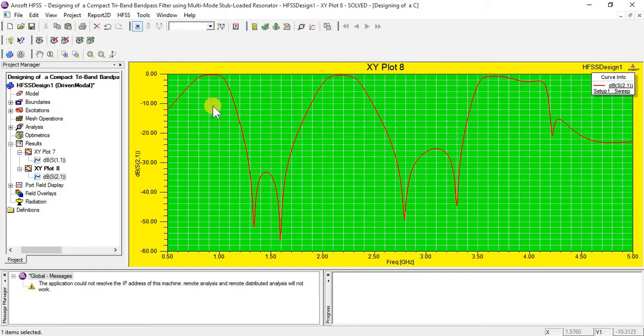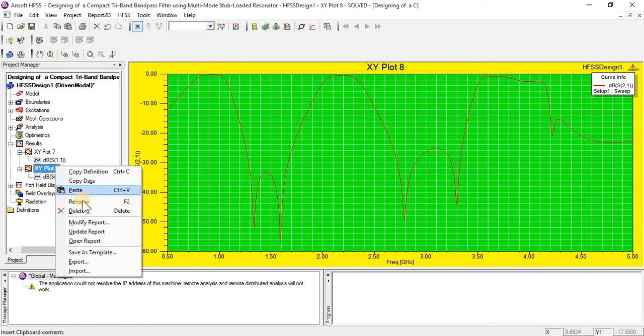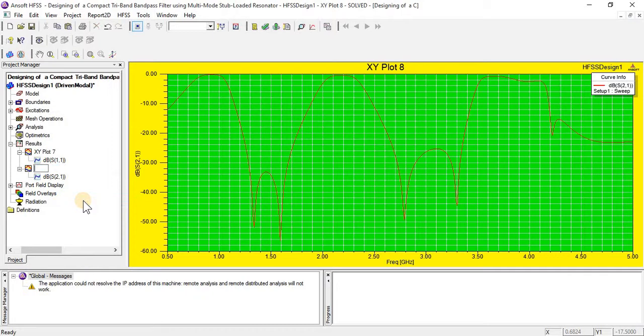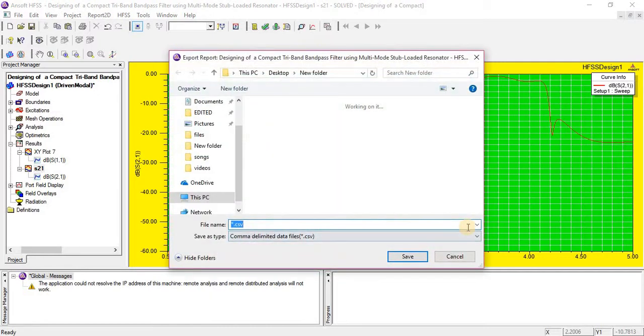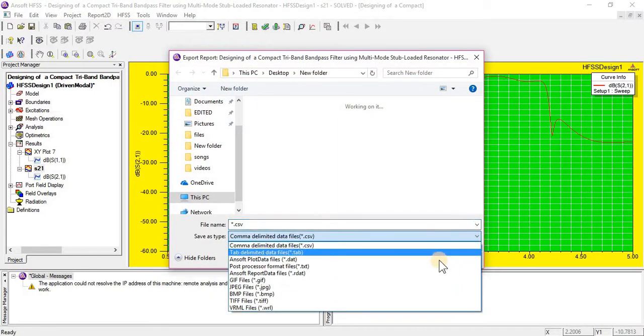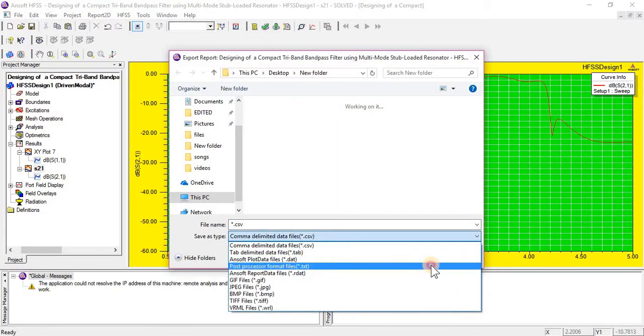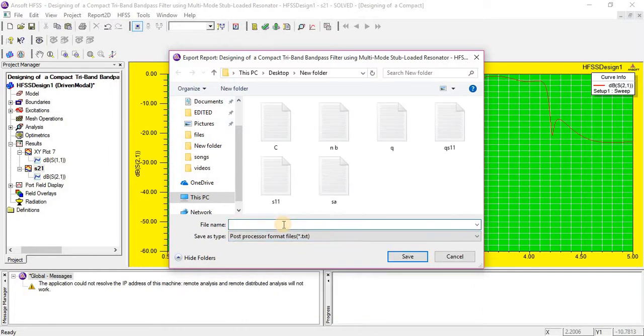Now I am going to this, which is the S21 plot. Now I am going to export this graph and then I will import it into the S11 graph. Select the .txt file.